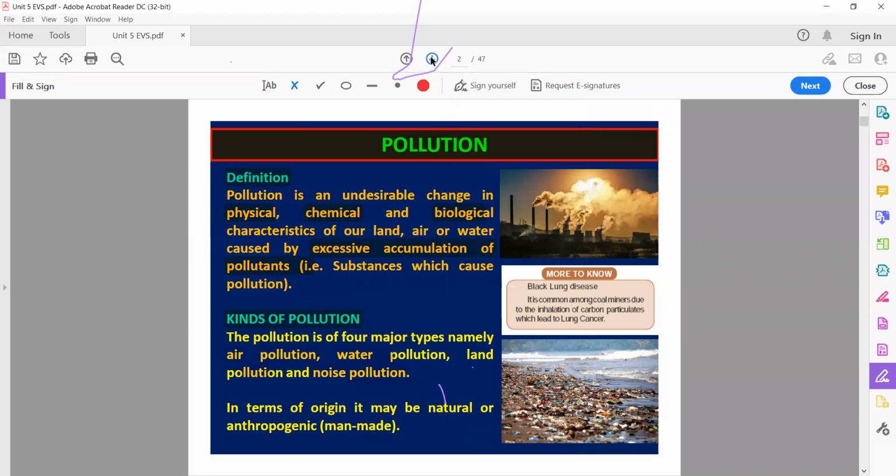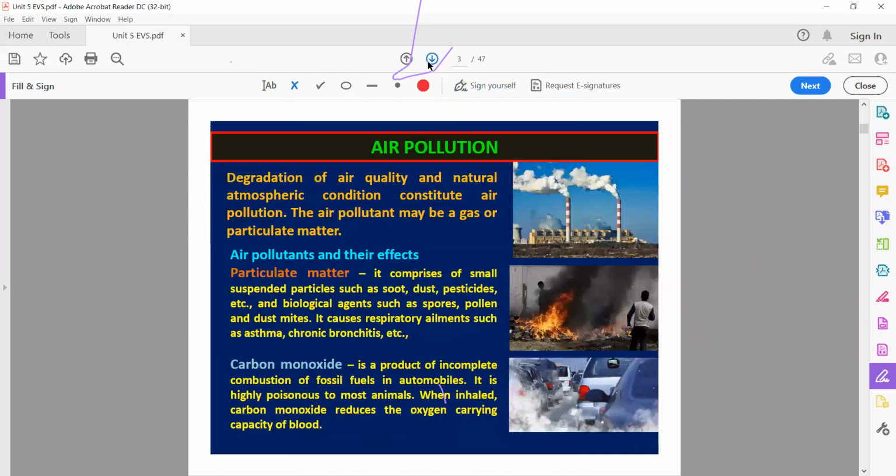Next, we'll go to air pollution. We'll start off with air pollution.